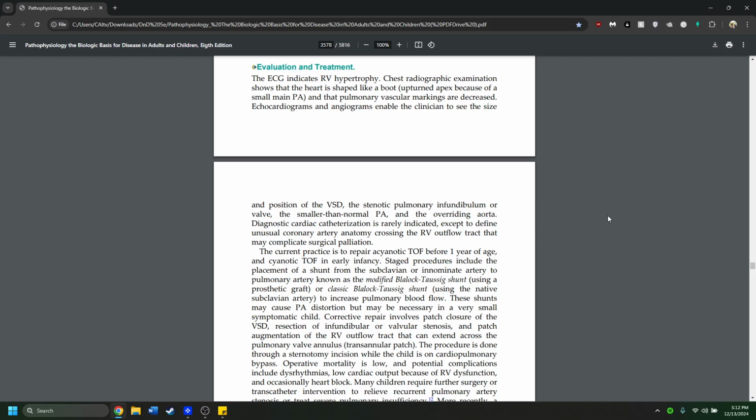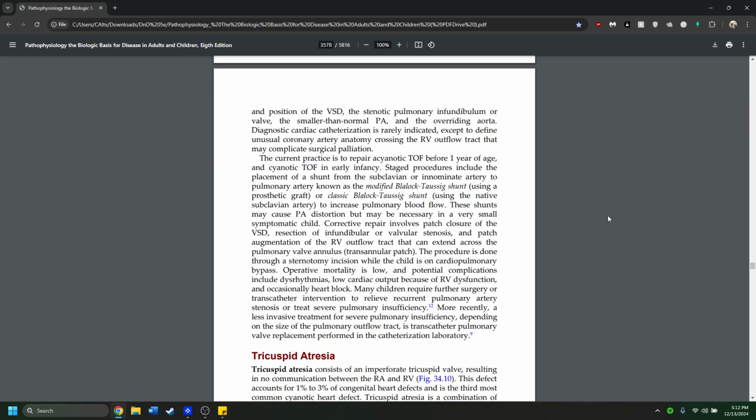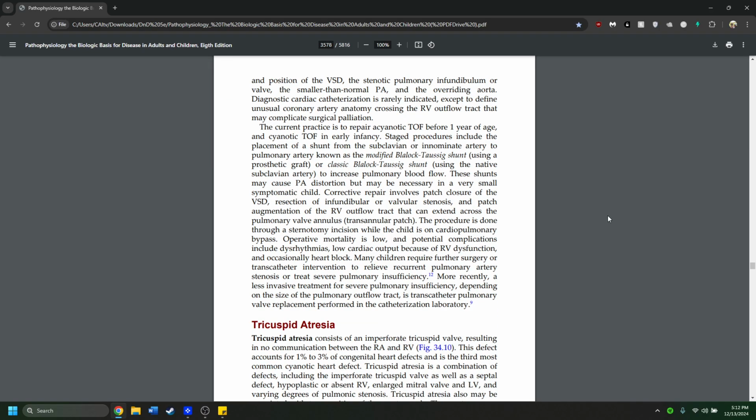So the current practice is to repair the acyanotic tetralogy of Fallot before 1 year of age, and cyanotic tetralogy of Fallot in early infancy.